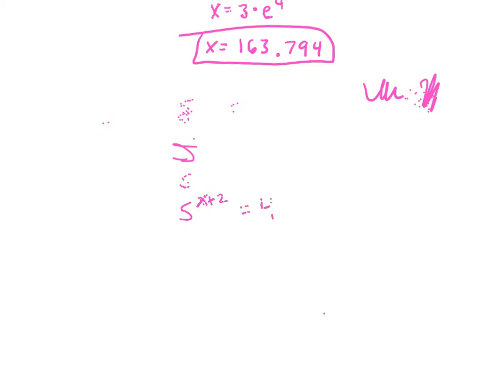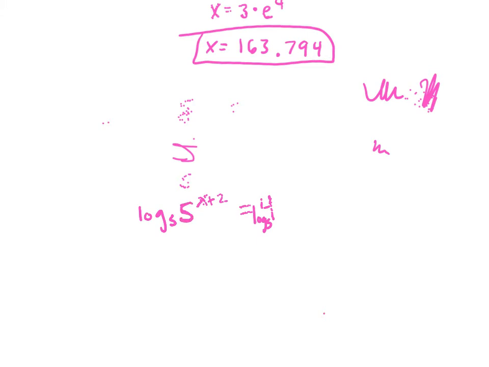So 5 to the power of x plus 2 is equal to 4. What should we do first here? You make it a log. So we have to do log base 5 of both sides to get that 5, so the base 5 and the 5 here will cancel out.